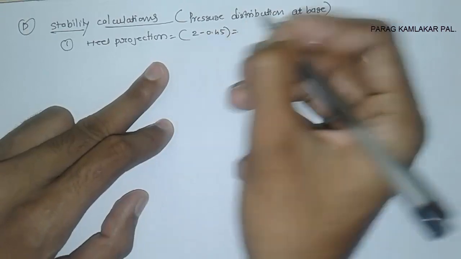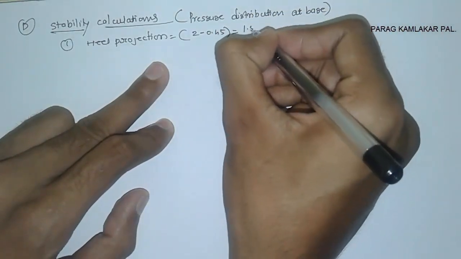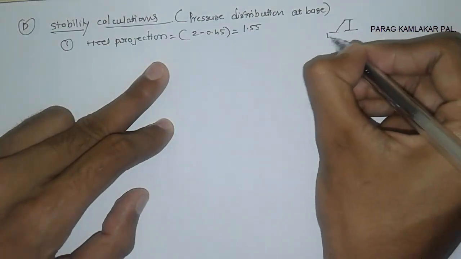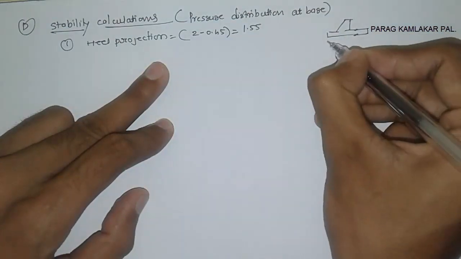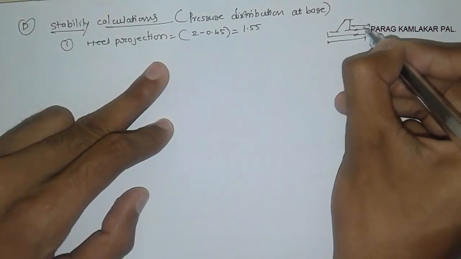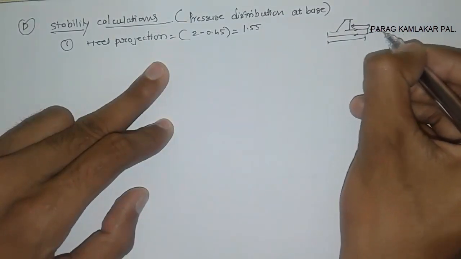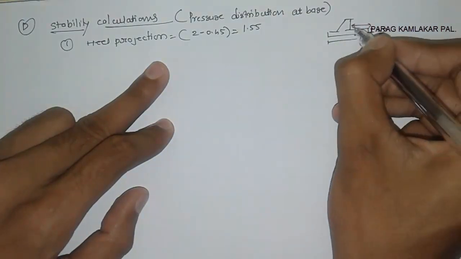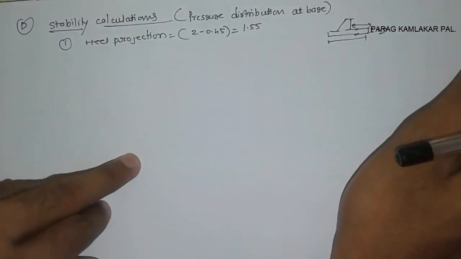Now how can we calculate this value? This is our retaining wall. The base is our 450, so I just subtract from 2 to get the heel projection.